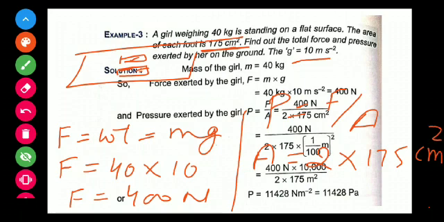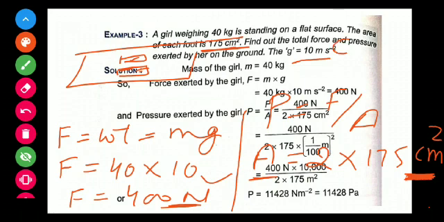Here unit of force is in SI system, and unit of area is not in SI system, because unit of area in SI system is meter square. Therefore, first of all, convert centimeter square into meter square, because force in Newton, the SI system of unit, and area should be in the same system.